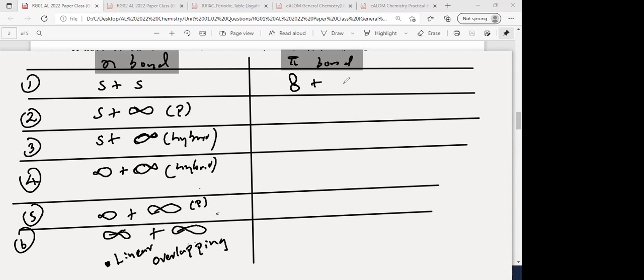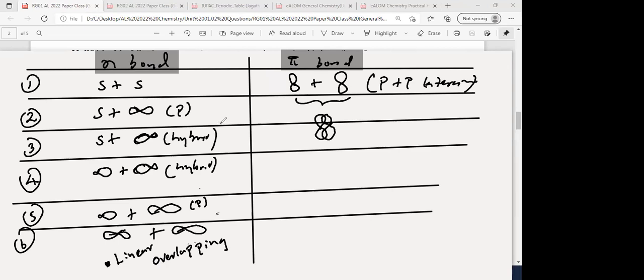P plus p lateral overlapping, like this. For example, you can get this kind of overlapping, lateral overlapping. So that is the only instance where the pi bond is formed.